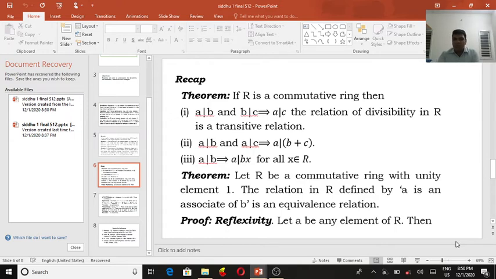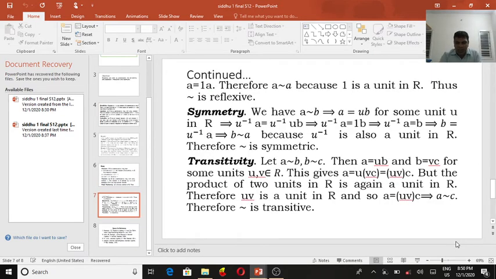Normally, first it is reflexive. Let A be an element of R. Then we can write A equal to 1 into A. Therefore A tilde A, which means A is an associate of itself, because 1 is a unit. Thus tilde is reflexive.